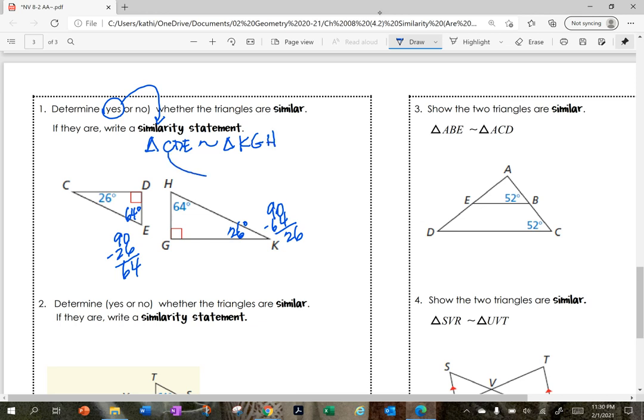So I need to make sure I have my corresponding angles in my similarity statement set up correctly. So I have 26 degrees, 90 degrees, 64 degrees, so I need to make sure I have those set up.